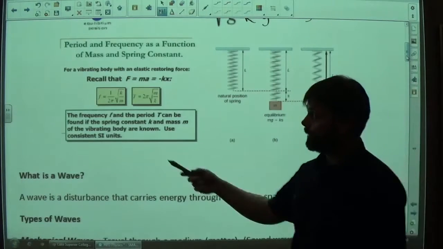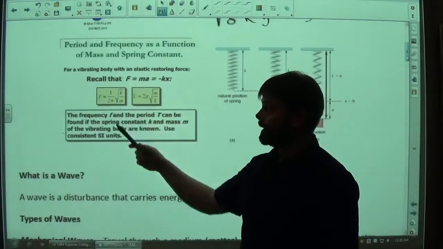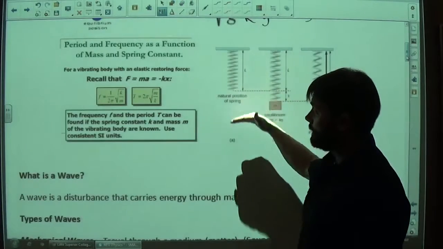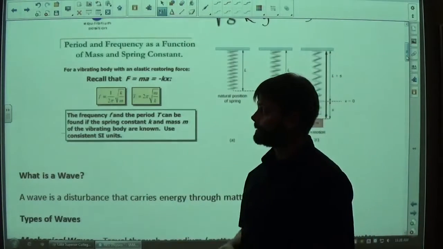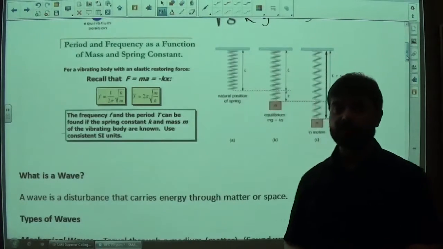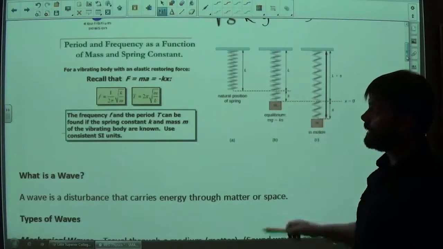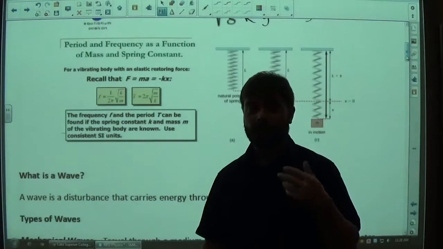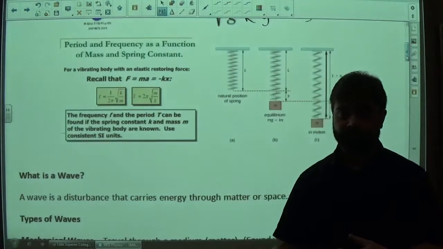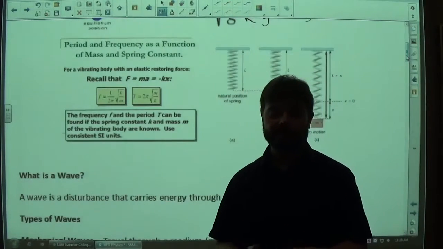And below it are some equations to do some calculations with the frequency or the period, which are basically just inverses of each other. Again, the period is the time it takes for a full oscillation to happen, where the frequency is how many oscillations happen within a given amount of time, which they would typically say per second.